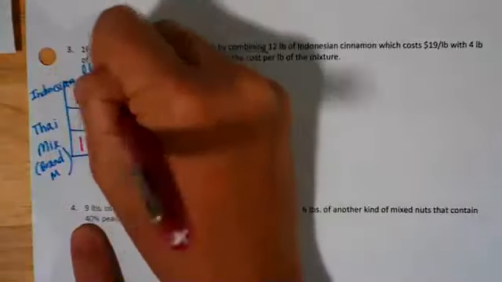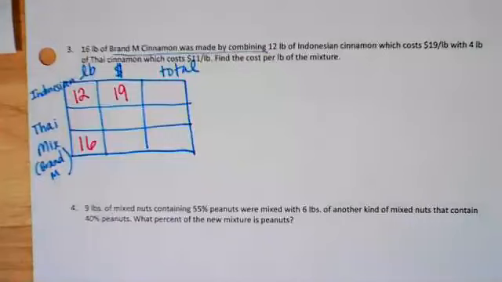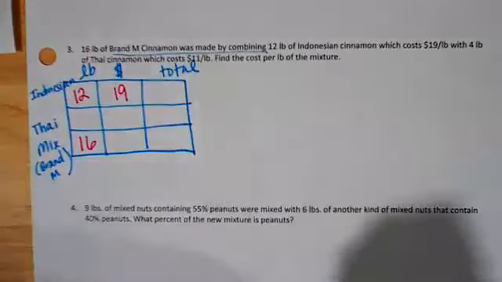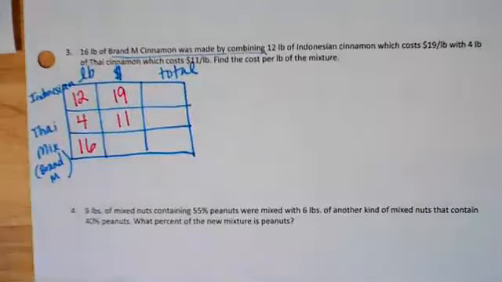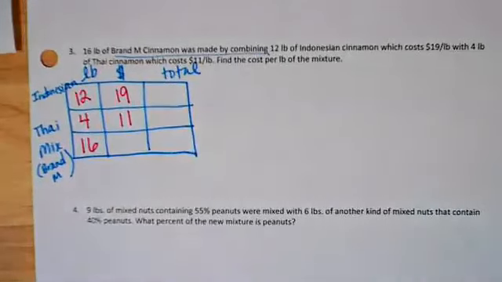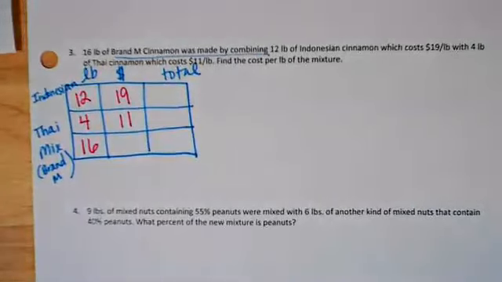So I'm going to put a 19 in my cost for the Indonesian, with 4 pounds of Thai cinnamon, which costs $11 per pound. And it wants me to find the cost per pound of the mixture.